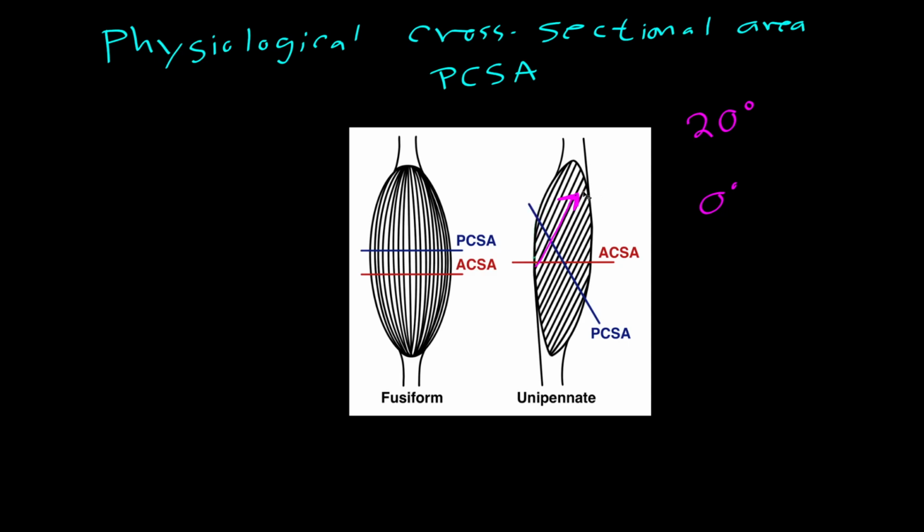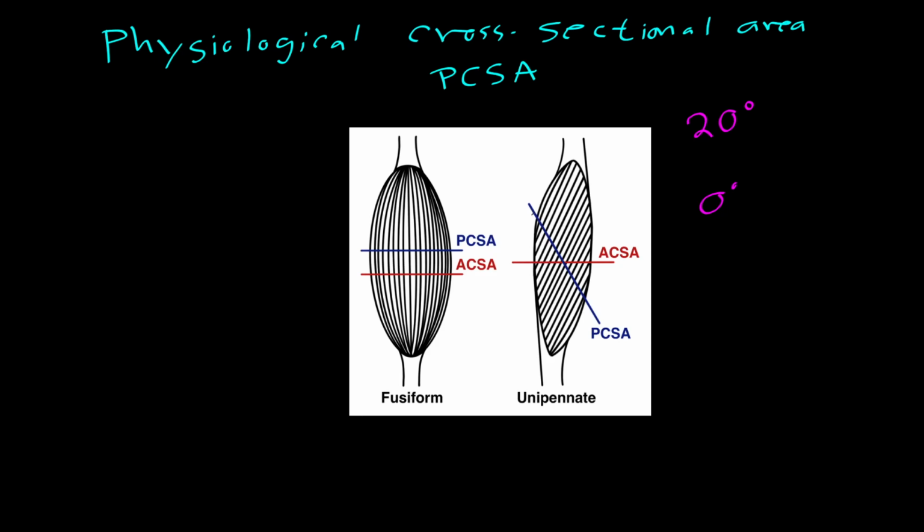So this figure really nicely illustrates the benefits of having a pennate muscle versus a non-pennate muscle. Now, as we'll see, there are trade-offs, but first I want to highlight the benefits because maybe the detriment is more obvious.